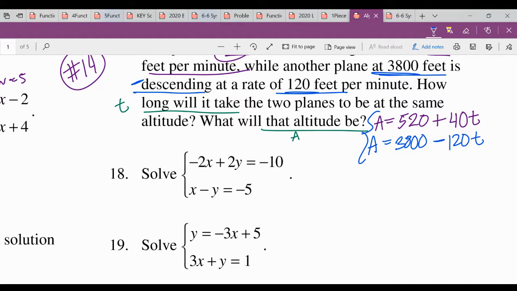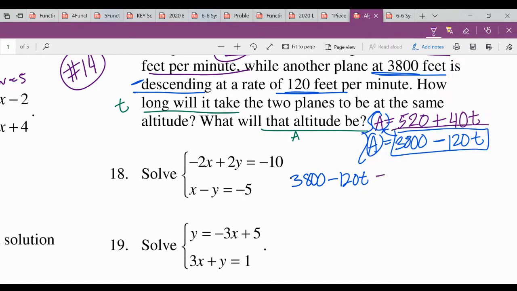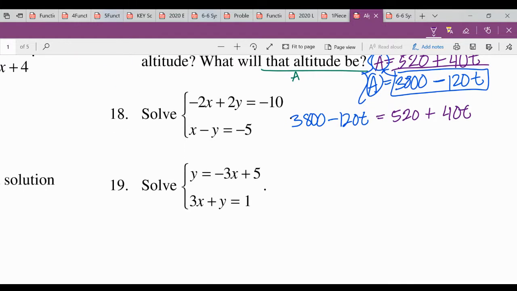To solve this, I would use substitution because I already have A isolated, so I can just substitute this in for A. That would be 3,800 minus 120t is equal to the rest of this equation, 520 plus 40t. I want to solve for t.